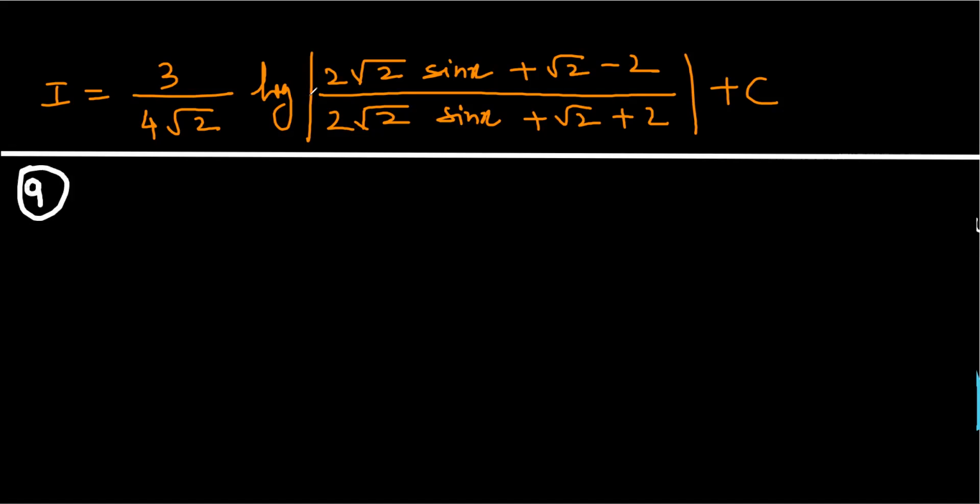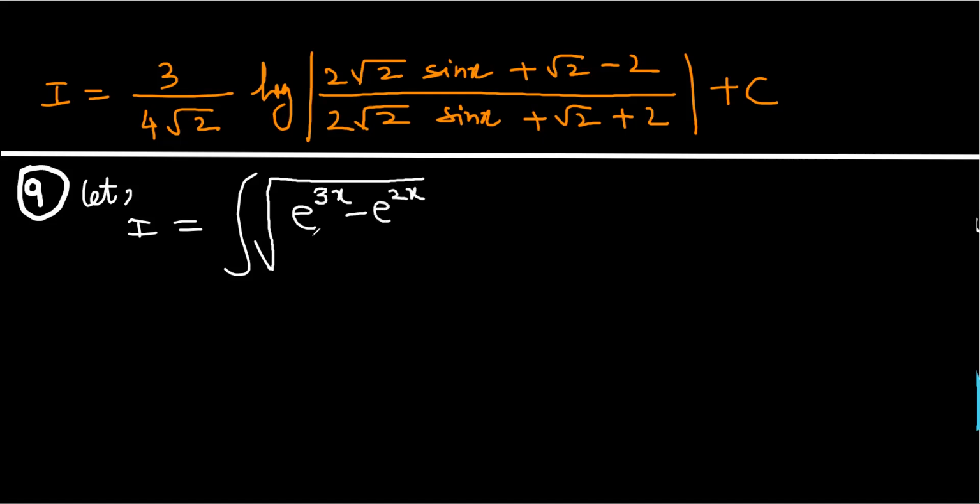Question number 9. Let I equals square root of (e raised to 3x minus e raised to 2x) upon (e raised to x plus 1) dx. You know what I will do?